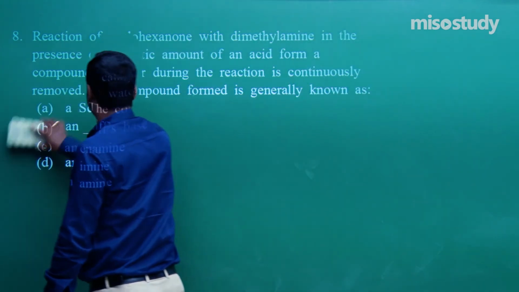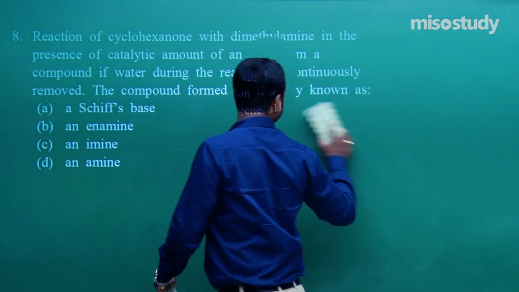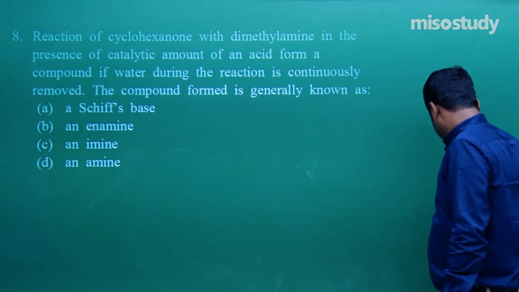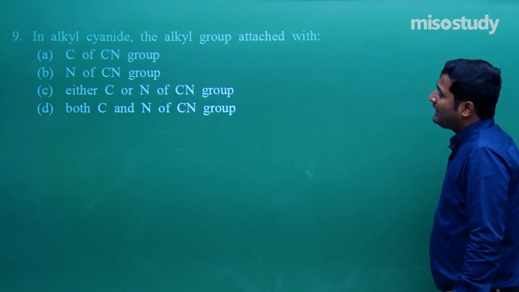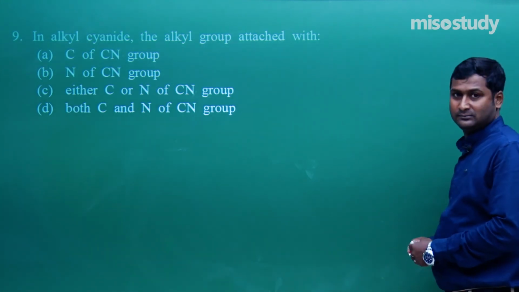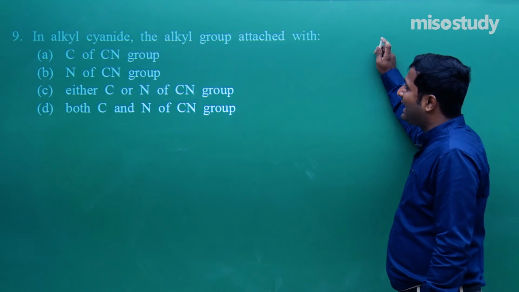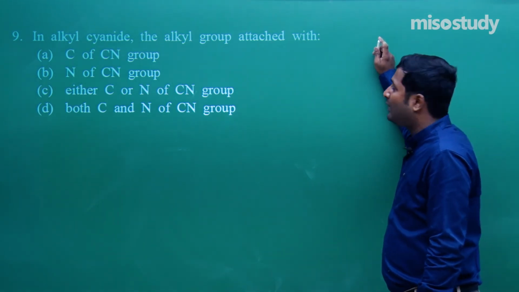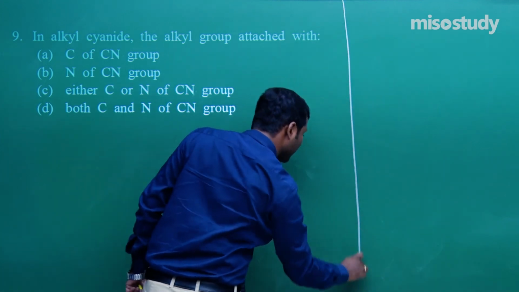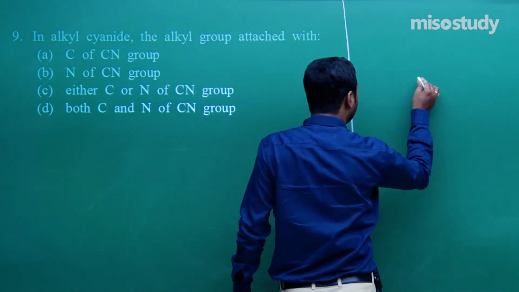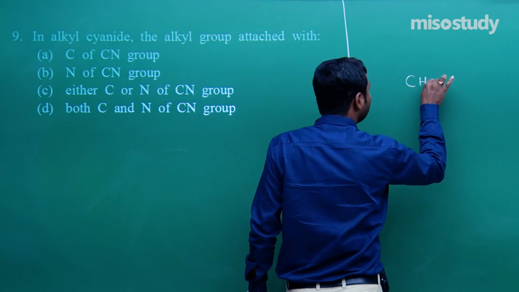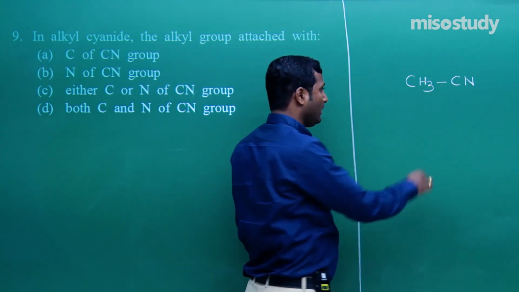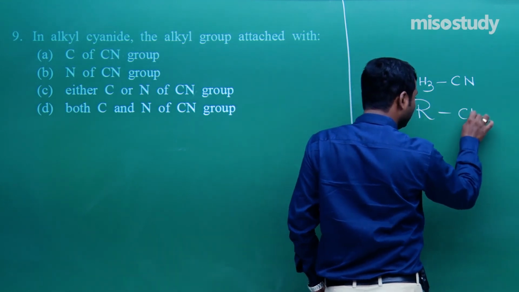What will happen? Check it out. In alkyl cyanide, what is given here? In alkyl cyanide, the alkyl group is attached to what? This is again a very simple theory-based question, it's just conceptual. This is alkyl cyanide, or RCN.